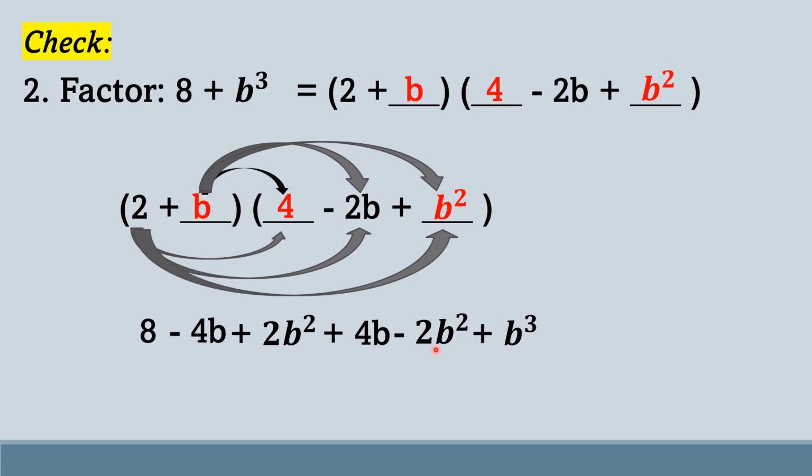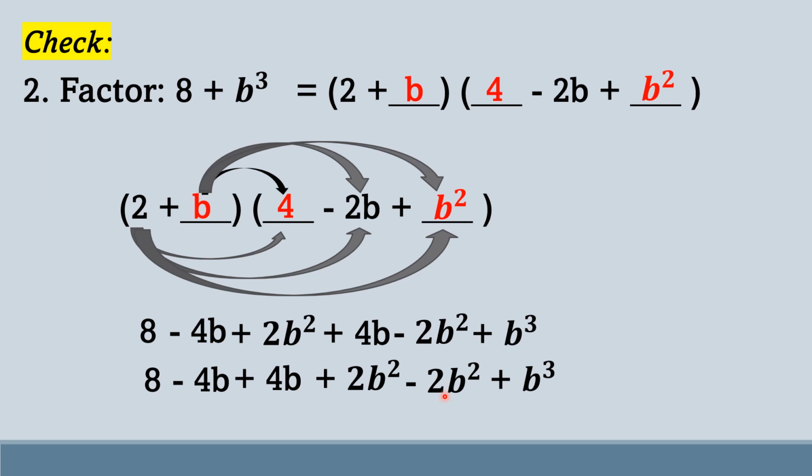Next, we're going to arrange so that we can determine easily if there are like terms. So you have 8, negative 4b, then we have plus 4b, plus 2b squared, minus 2b squared, plus b cubed.